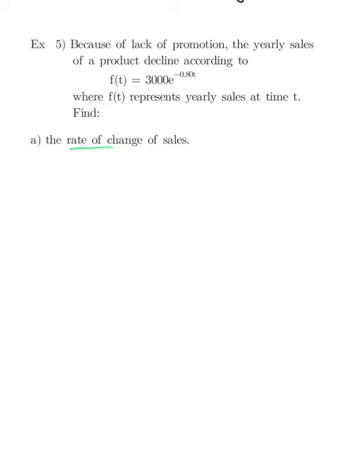Remember that anytime you see the phrase rate of change, that means the derivative. It just says rate of change of sales in general. So what that means is that A just wants us to find the formula for rate of change.